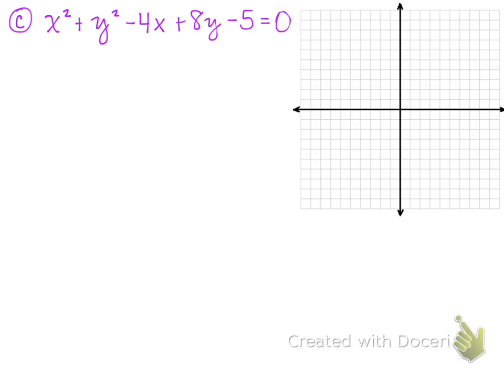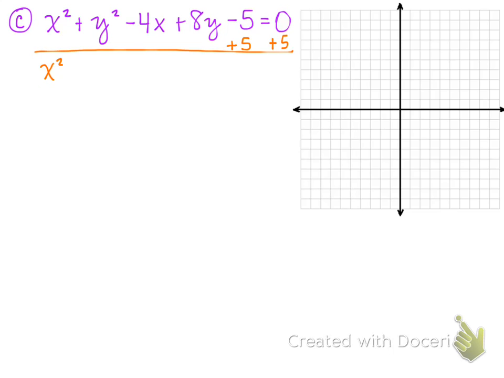We've got our x's and our y's kind of mixed up. So before we start, we're going to take whatever constant is over here with our variables, and we're going to put it to the other side. So to get this minus 5 to the other side, we're going to add it. Now, as I add this, I'm also going to rearrange some things on the left-hand side. I'm going to put my x's together.